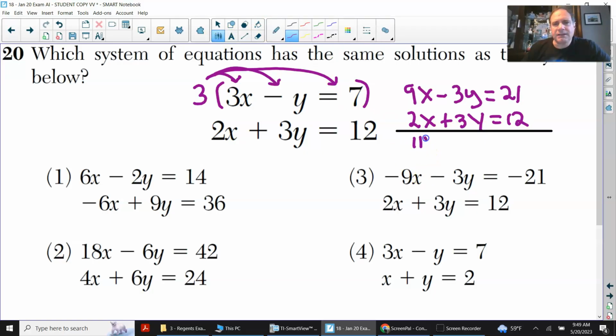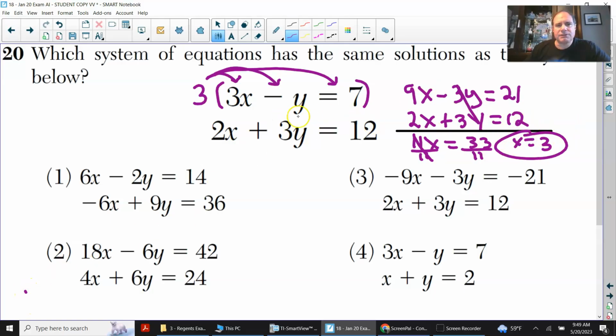And I'm going to have 11x. This cancels, and you have 33. Then I'm going to divide by 11. X equals 3. And that's that.